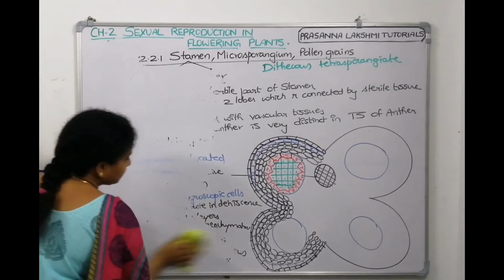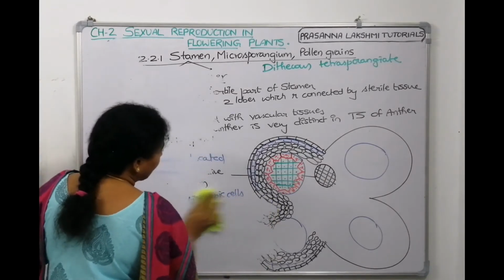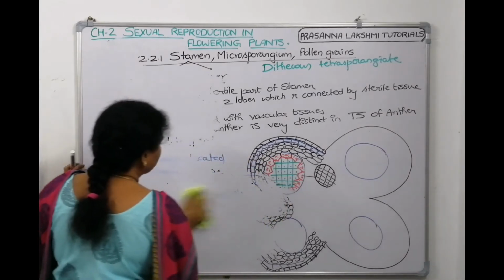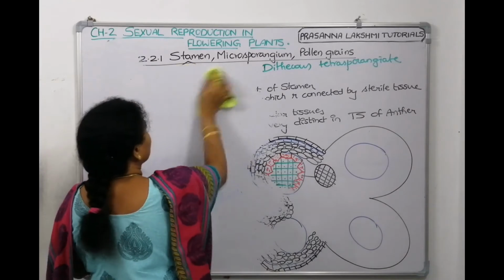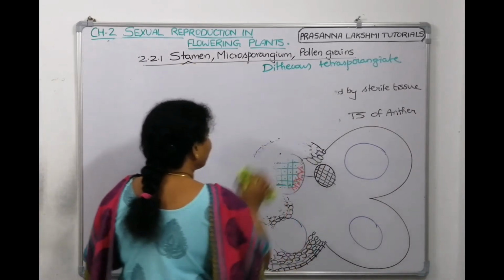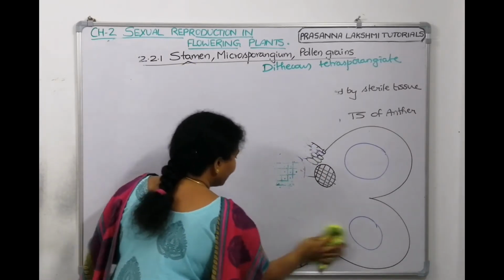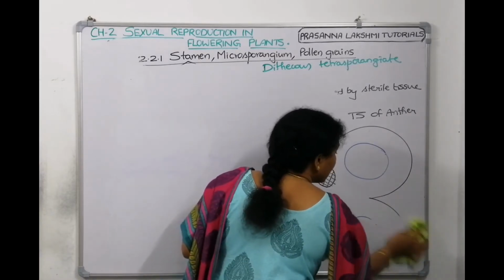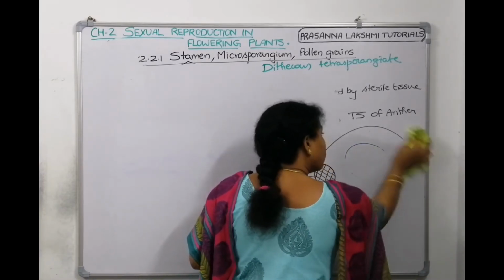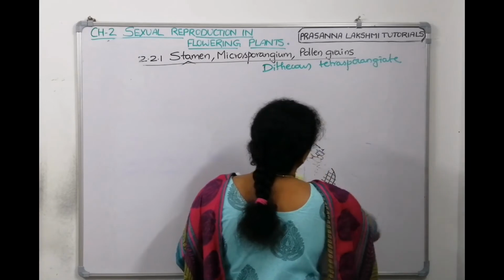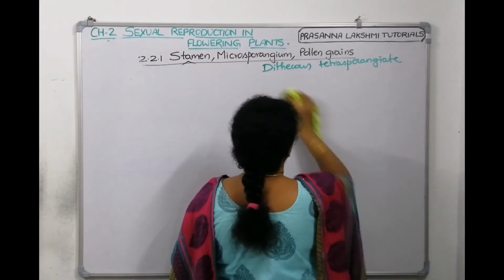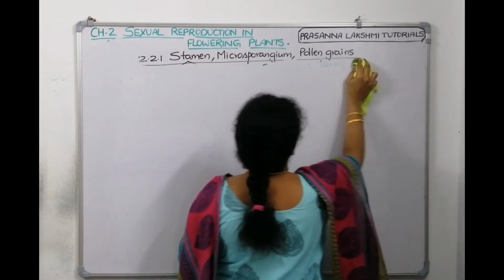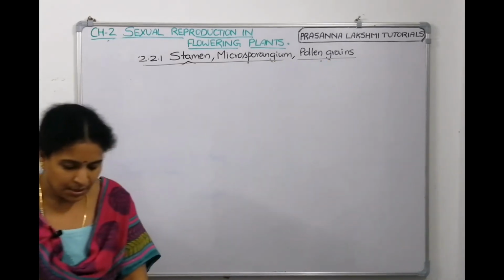We are telling that in most of the cases, the anther has 2 lobes, and each lobe contains 2 microsporangia. That is a general condition. But science without exceptions is not possible. Everywhere there are exceptions. That means there are some stamens which have only 1 lobe. If 2 lobes are there, and 4 microsporangia are there, then that is called dithecous tetrasporangiate.